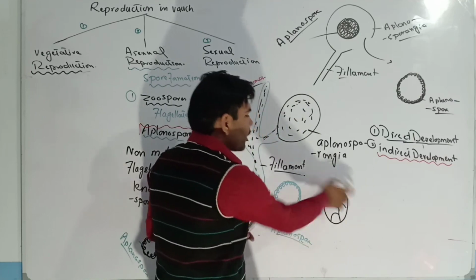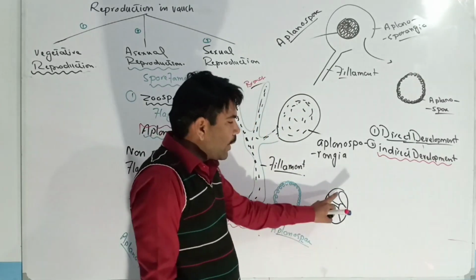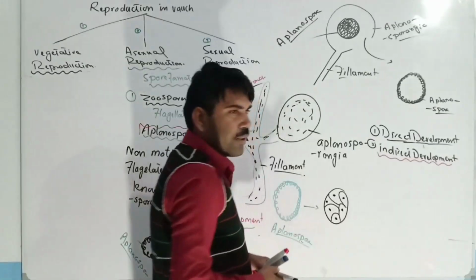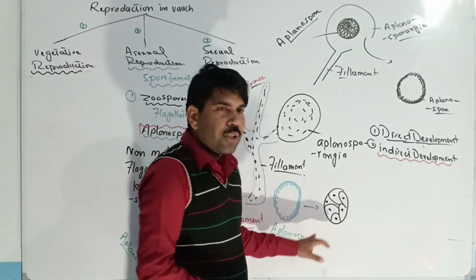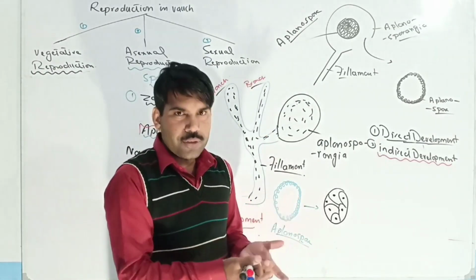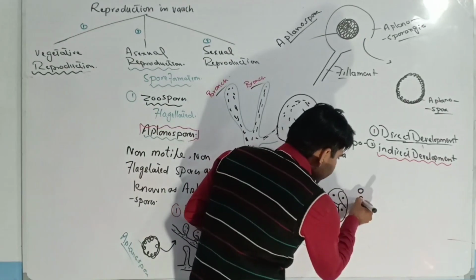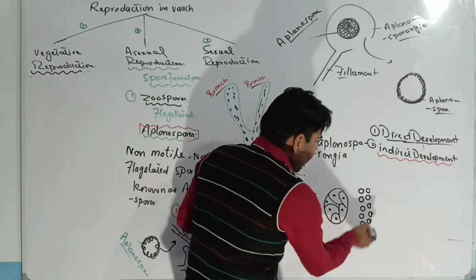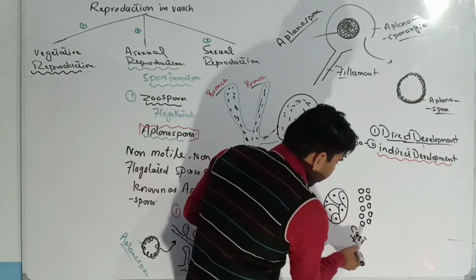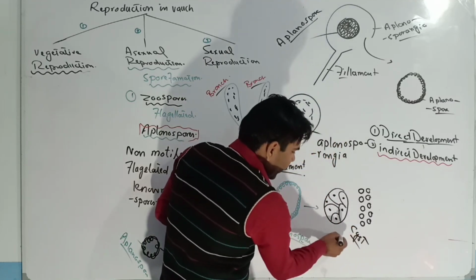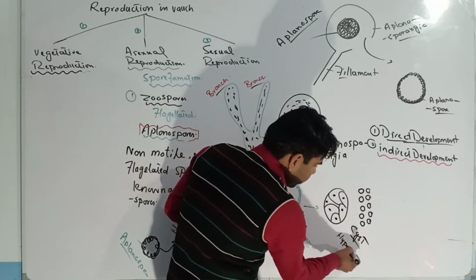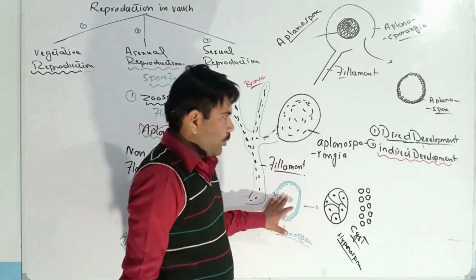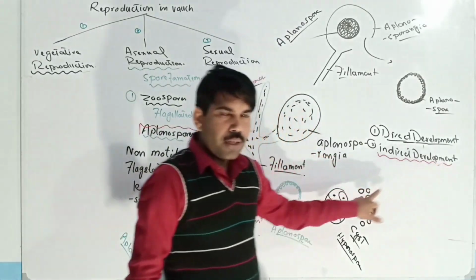Now many parts are formed in this aplanospore. Each part will develop a thick wall and produce round structures like this. These are thick-walled round structures and are known as cysts as well as hypnospores.